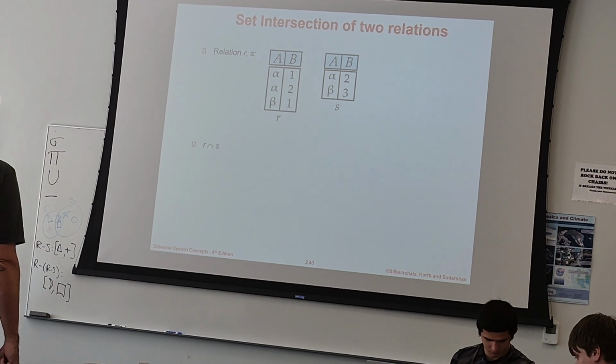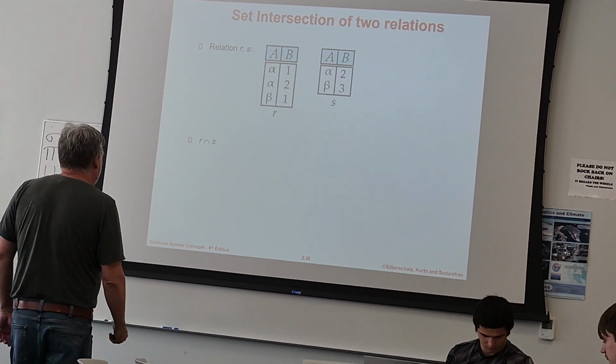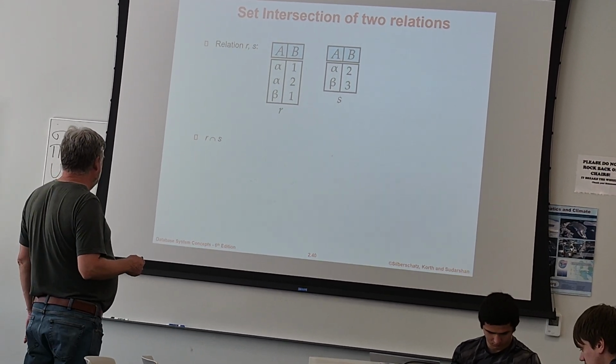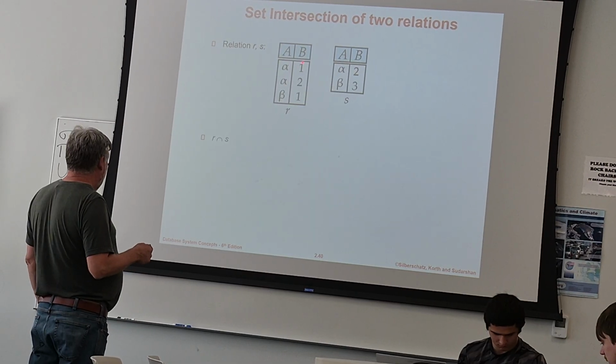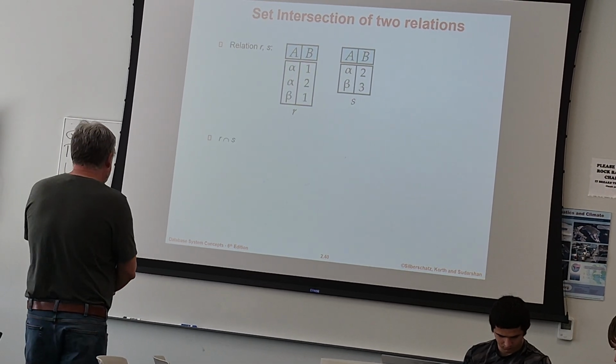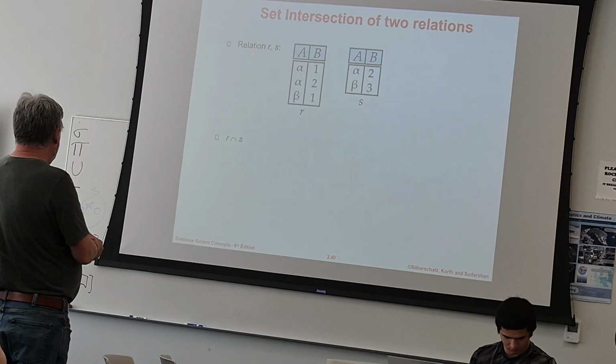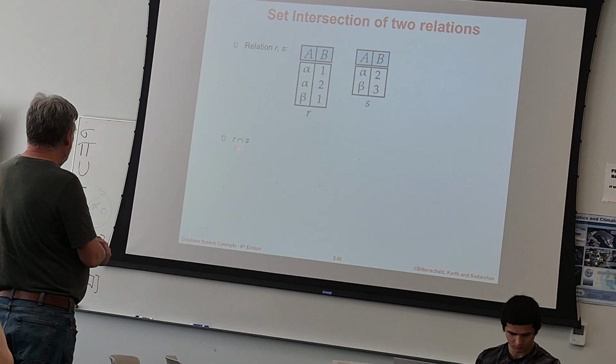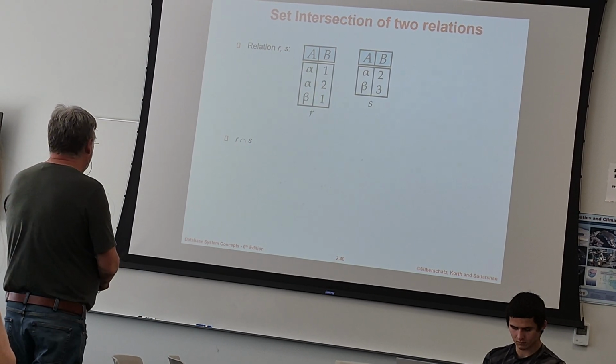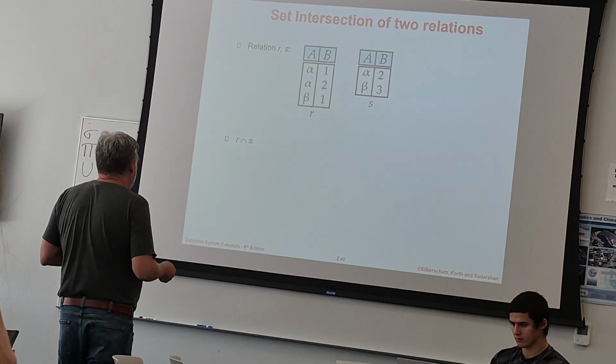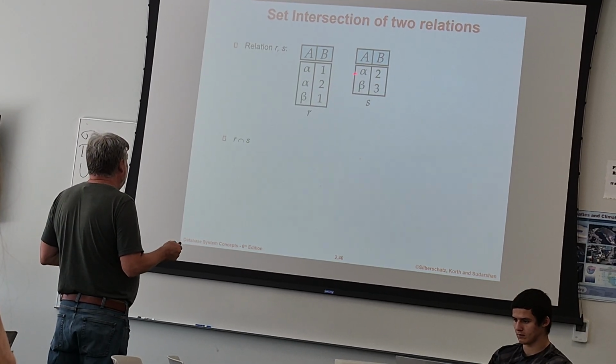All right, so let's confirm that we understand what this is doing. I've got these two sets. They are union compatible, and I want to figure out between relations R and S what the intersection of R and S is. That is, what are all of the rows that are in common between these two tables.